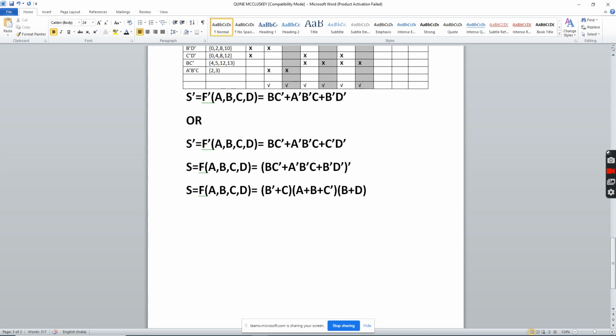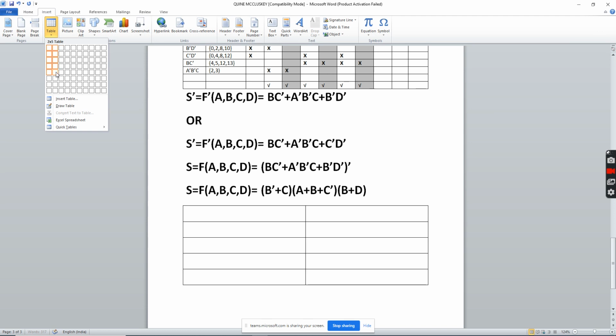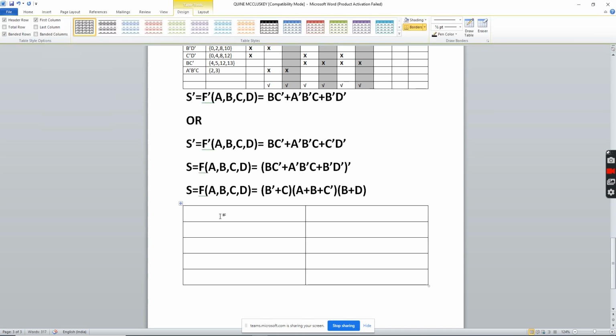But after this, you have to put one more PI table, the last table. I will write it in the form of a table of 2 columns. Here I will write PI for S bar, and here I'll write PI for S. What is the PI for S bar here?